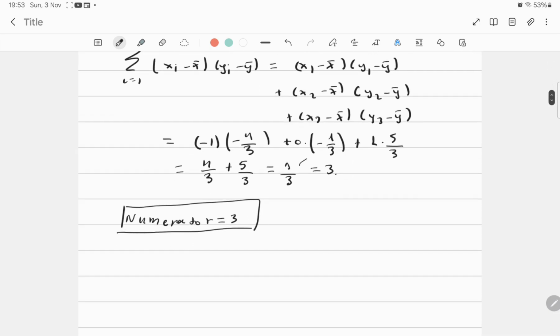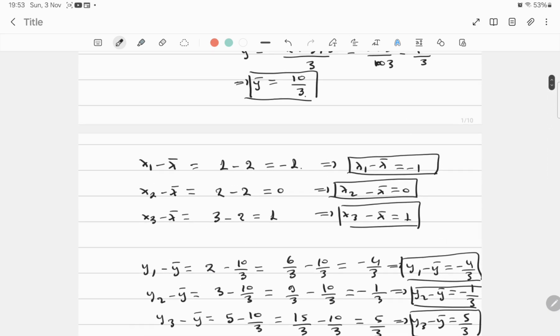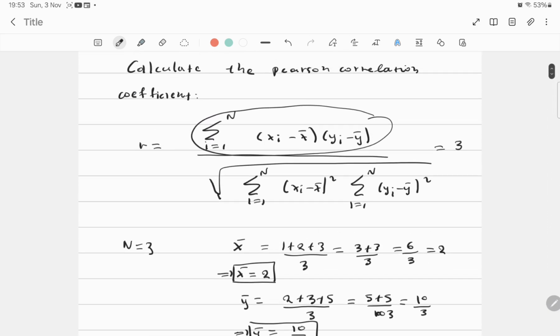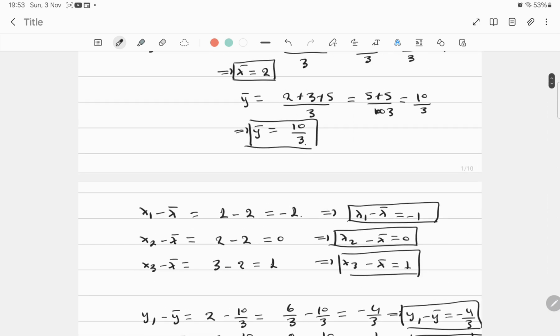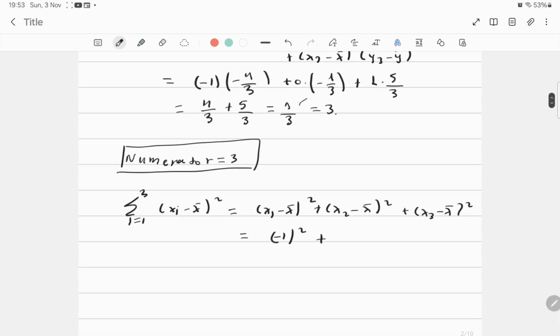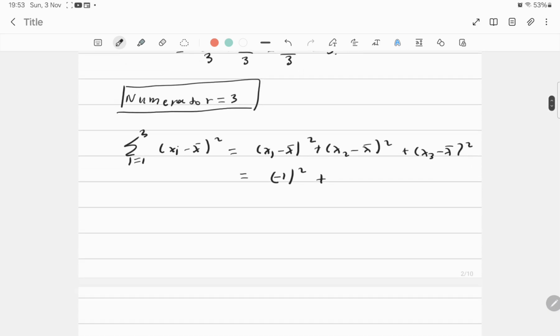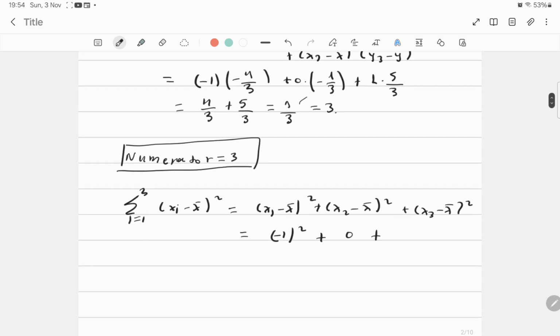Then here you need to find in the denominator the sum from 1 to 3 of x_i minus x bar squared. So it's x1 minus x bar squared plus x2 minus x bar squared plus x3 minus x bar squared. x1 minus x bar is minus 1 squared, plus the second term goes away, 0, plus x3 minus x bar squared, 1 squared.